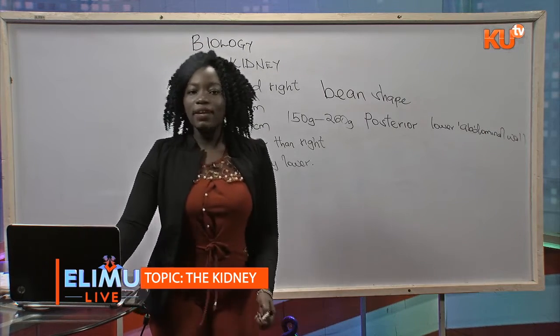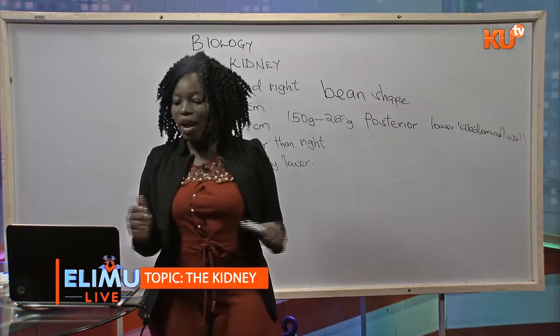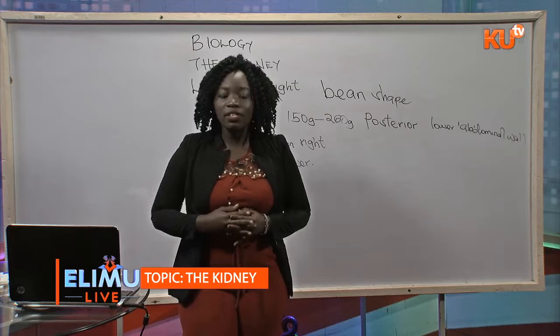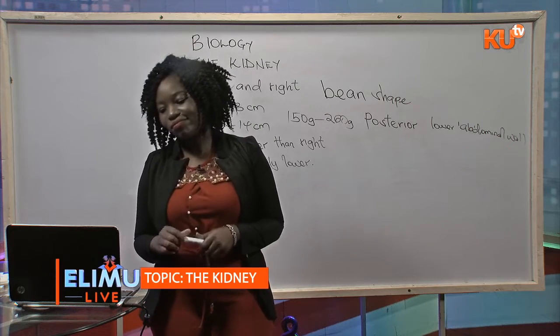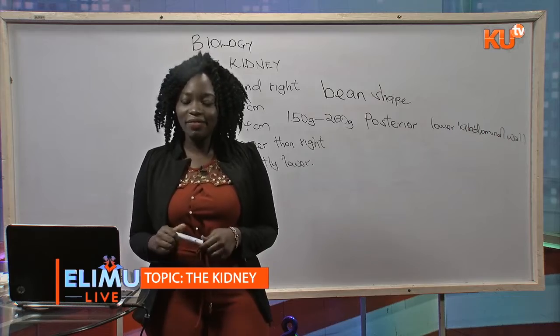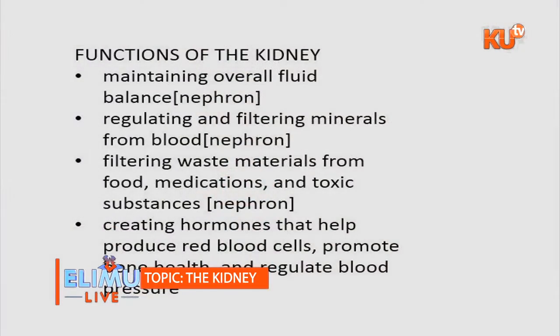Now we want to look at the functions of the kidney before we go to its main function. So I want to start from the functions of the kidney. In our third slide, I'm just going to give you a summary of the functions of the kidney. Number one, it maintains overall fluid balance.